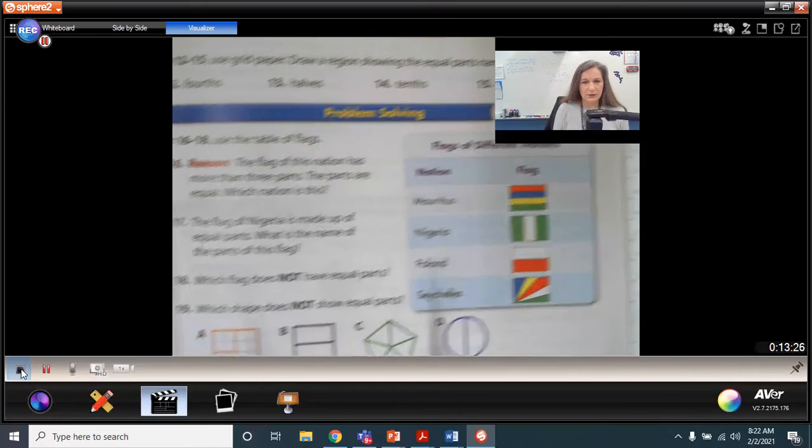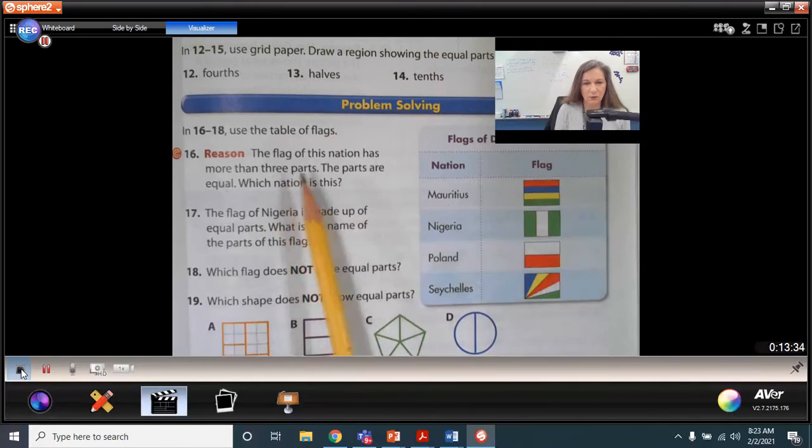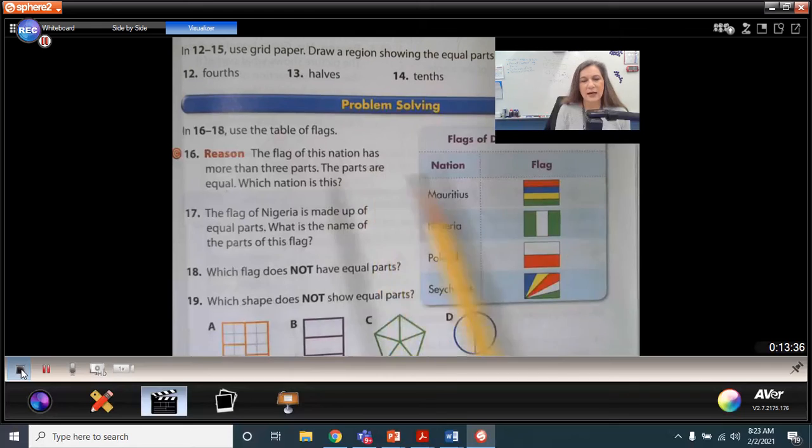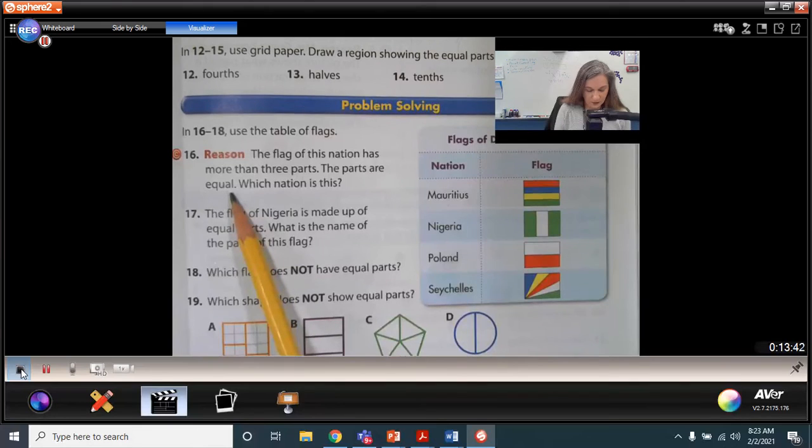Number 16 says the flag of this nation or country has more than 3 parts. So more than 3 would be 4, 5, 6, 7, anything that's more than 3 parts. The parts are equal, so that means they're the same size, and we're asked which nation's flag this is.